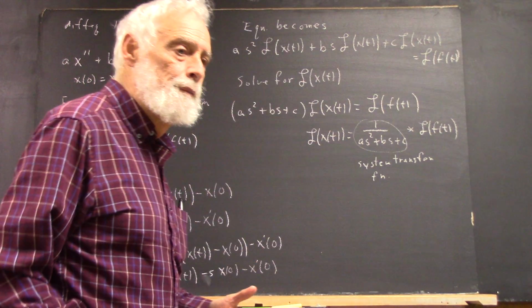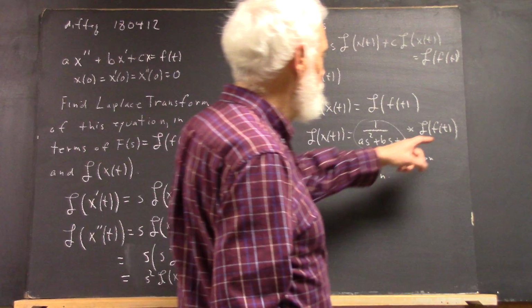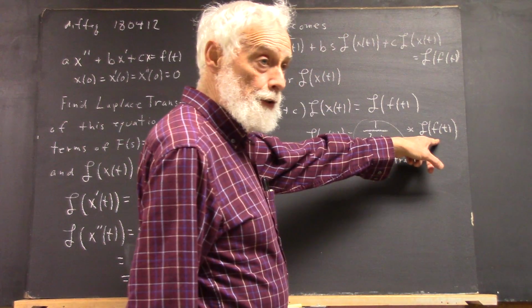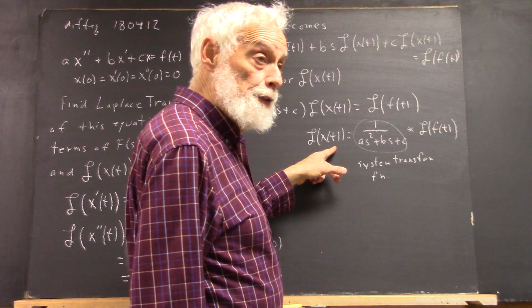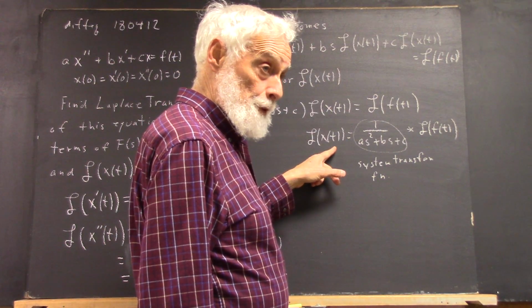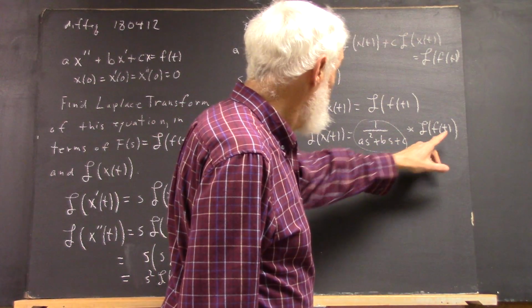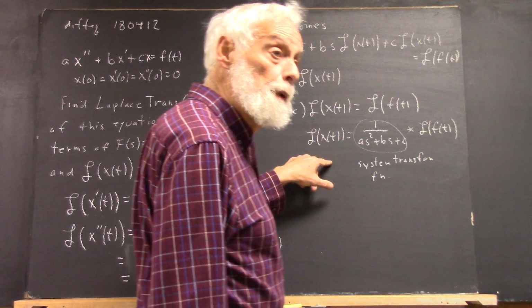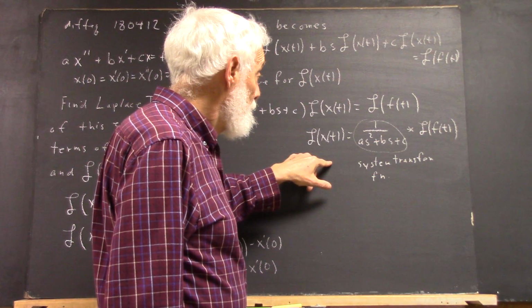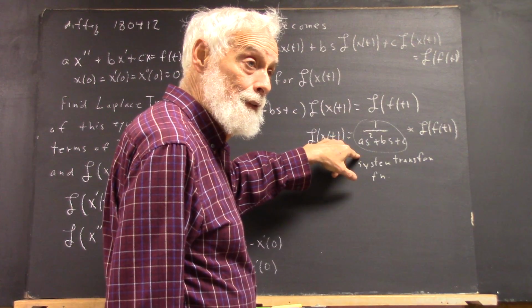Let's say now that somehow we've observed, well, we know what our function is here, and we've made observations, so we know what x of t is. Okay? So if we know this Laplace transform, and if we know this function, and we can calculate the Laplace transforms, then we should be able to get this function.